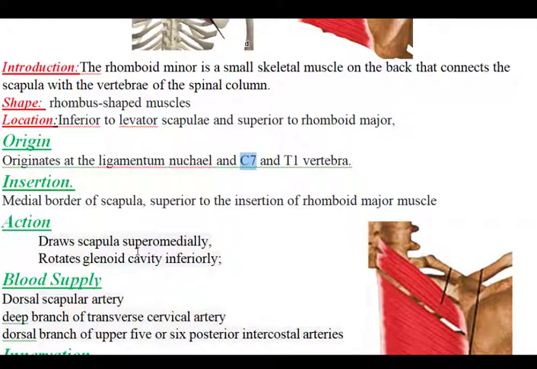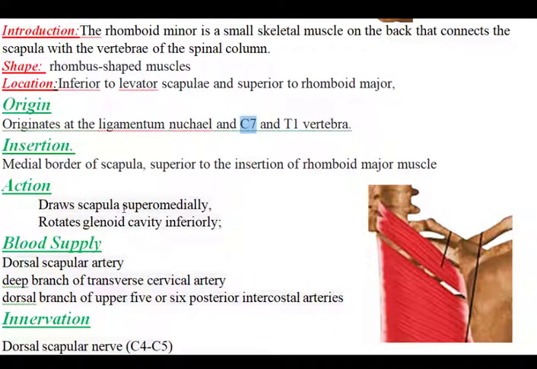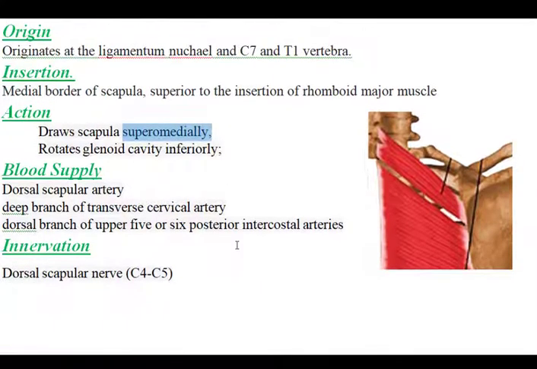What are the actions of this muscle? It draws the scapula superomedially and rotates the glenoid cavity inferiorly, right? So when this muscle contracts, your scapula will move superomedially and your glenoid cavity will rotate. What is the blood supply? It is supplied by the dorsal scapular artery, deep branches of the transverse cervical artery and the dorsal branch of the upper 5 or 6 posterior intercostal arteries.